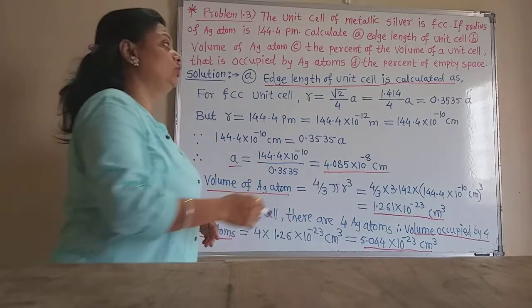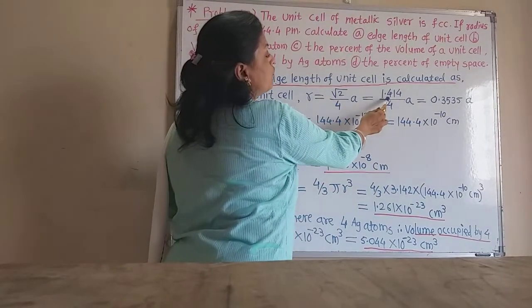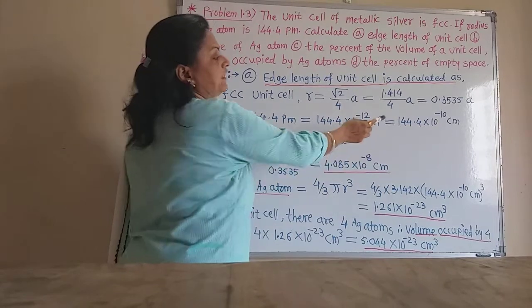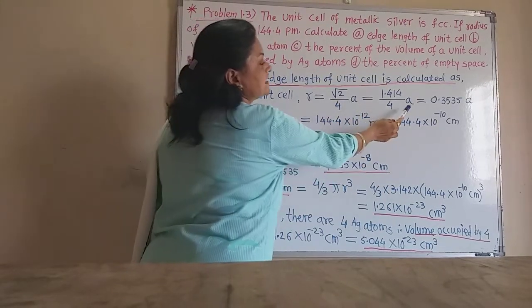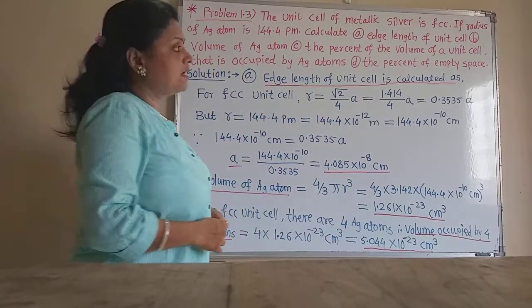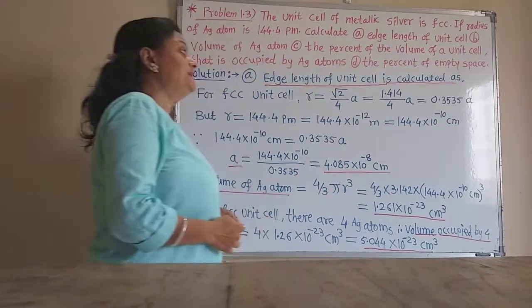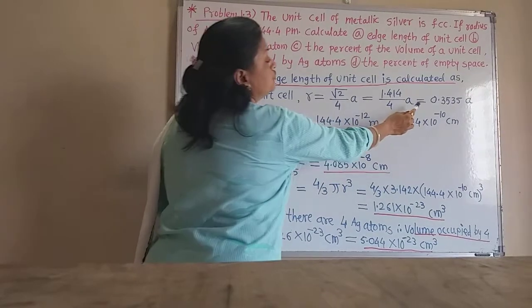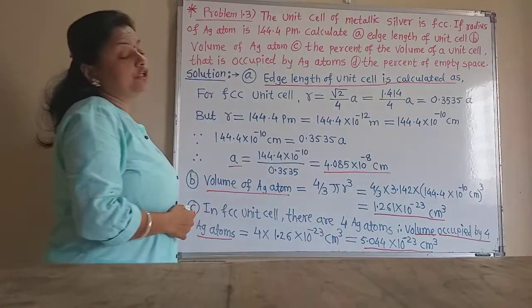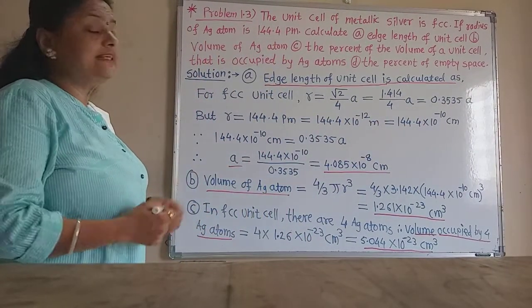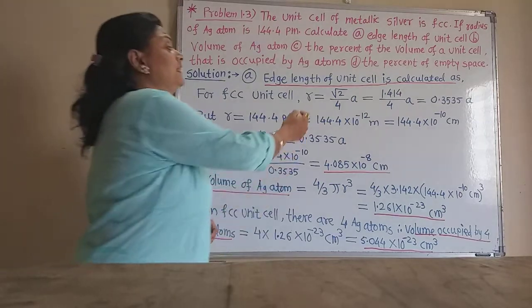Now what is the value of root 2? Root 2 is equal to 1.414 divided by 4 into this a. So this comes to 0.3535a. That means r is equal to 0.3535a. Then what is a? a is equal to r divided by 0.3535.